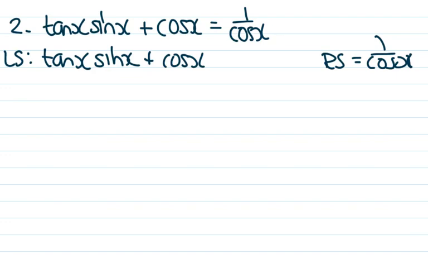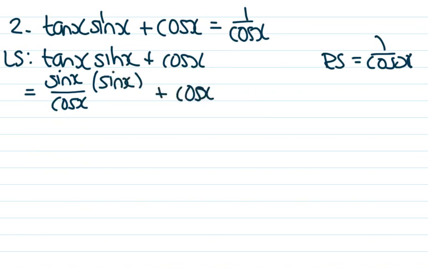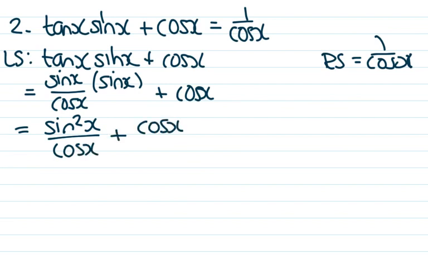So, like I said, as soon as you see tan, you want to replace it with sine x over cos x. So, sine x over cos x times sine x plus cos x. Sine x over cos x times sine x is sine squared x over cos x plus cos x.